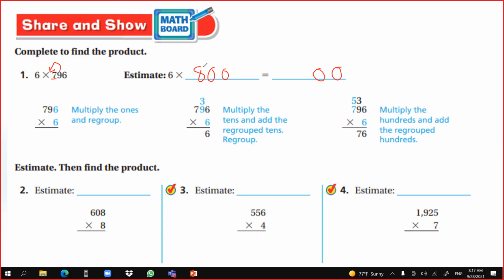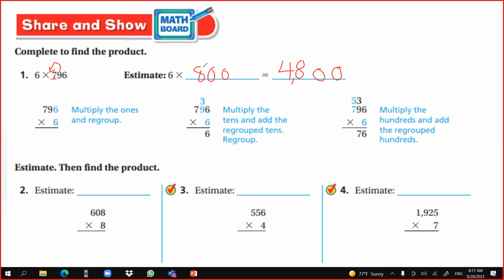Write them down. Then 6 multiplied by 8. Remember, what's the product of multiplying 6 by 8? 48. Thank you. So now, my estimation is 4,800.